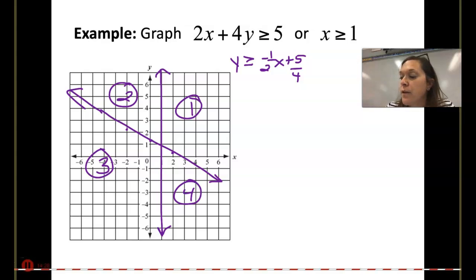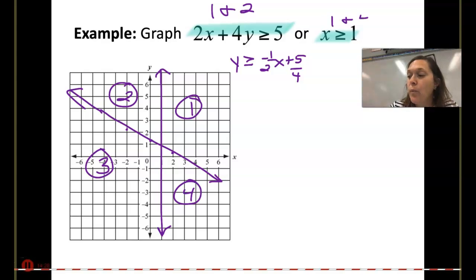So our first inequality, if I were going above it, that would be regions 1 and 2. For our second inequality, if I'm going to the right, that's regions 1 and 4. Because I'm doing the union, I want to marry everything together, blend it together, a blended family here. I'm going to do all of those regions.